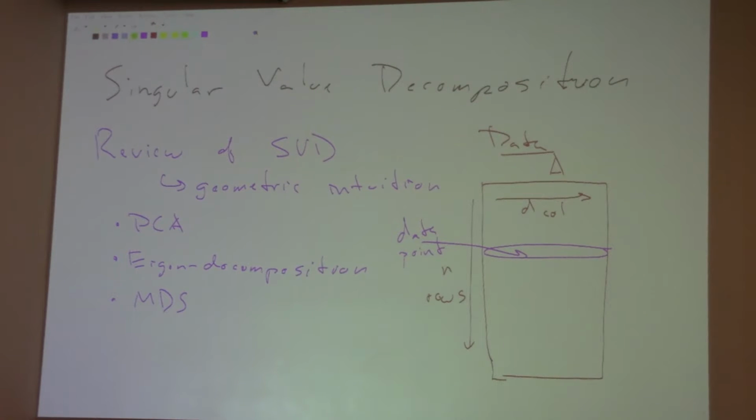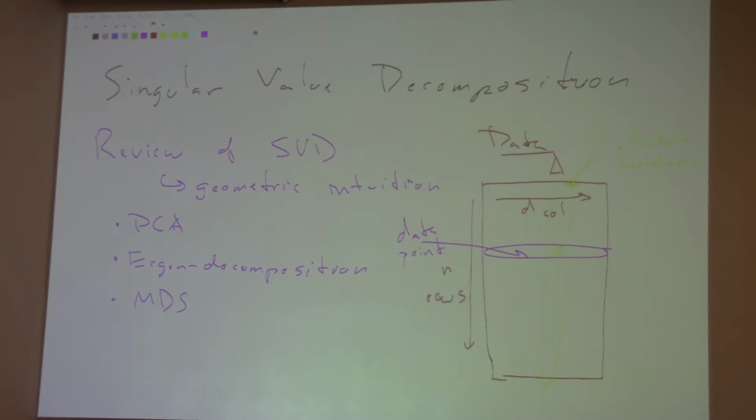Each row is going to be one data point. And a column, this column going in here, is one attribute of the data point, or you can think of it as one coordinate.